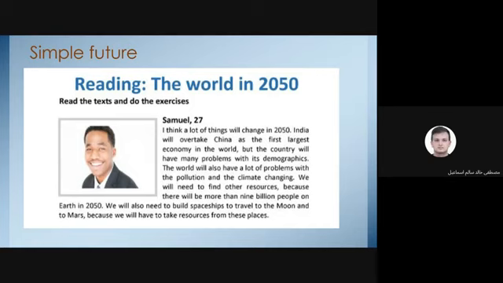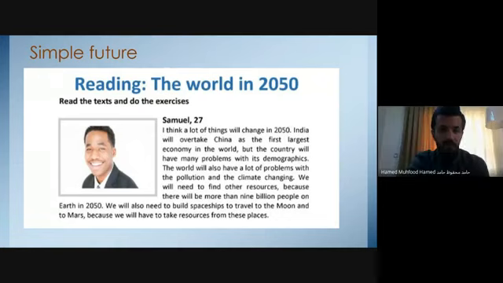We will need to find other resources because there will be more than 9 billion people on the earth in 2050. We will also need to build spaceships to travel to the moon and to Mars because we will have to take resources from these places. Yes, that's right. Who else?